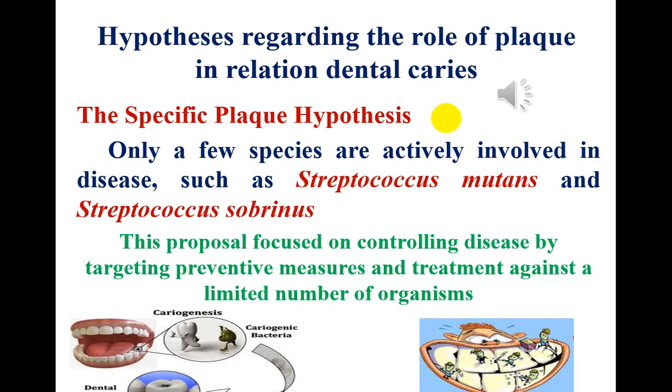From mutans streptococci, only two species are responsible for dental caries in human teeth. These are Streptococcus mutans and Streptococcus sobrinus. According to this hypothesis, preventive measures should be directed to these species to limit their number, thus controlling the disease.